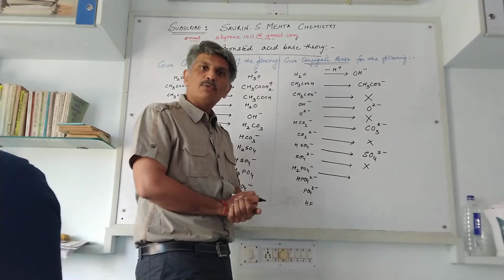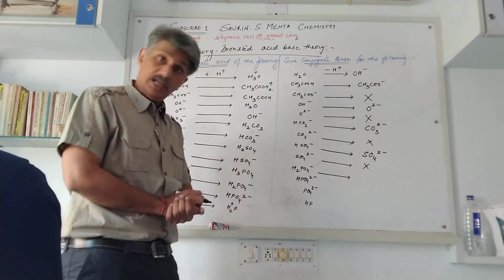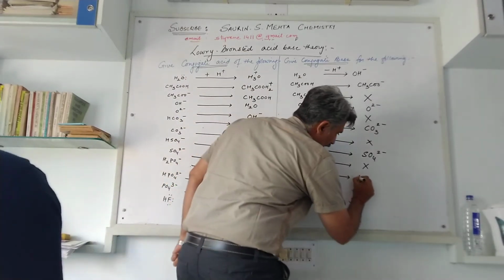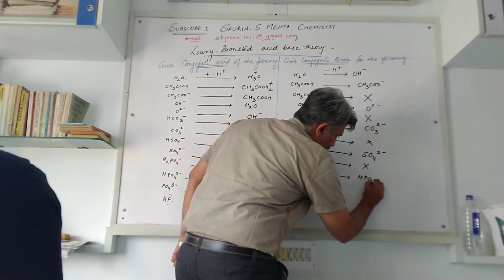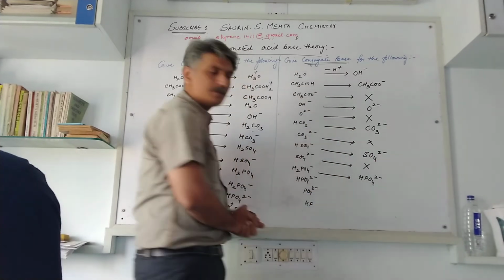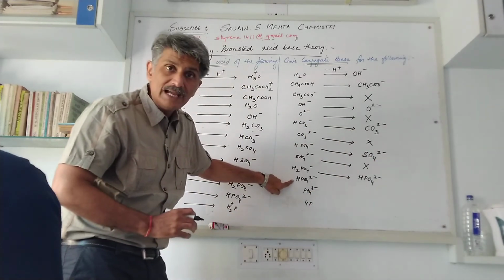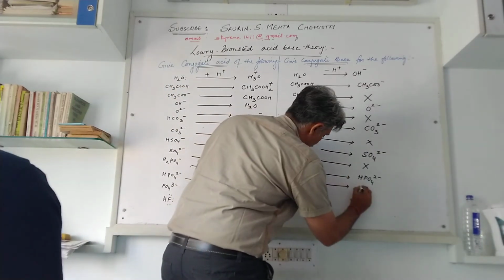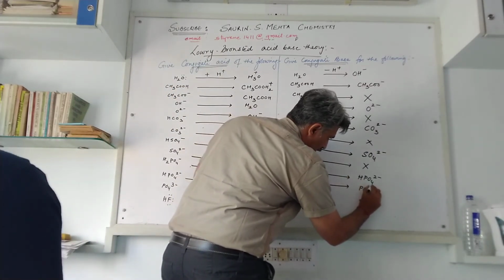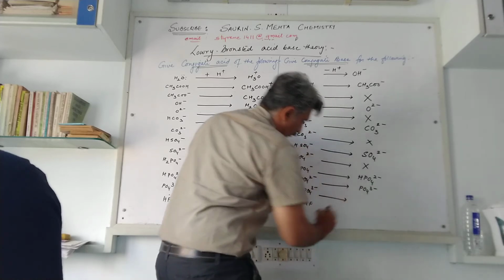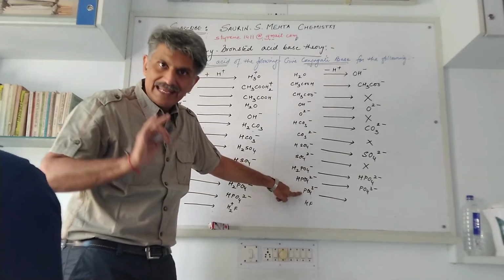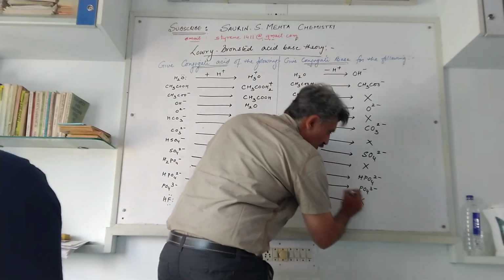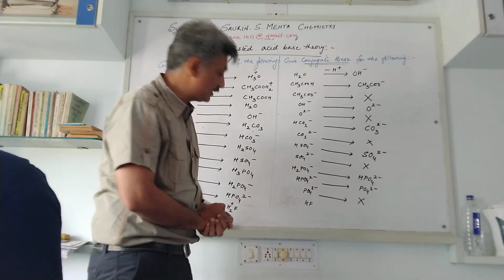For H2PO4 minus, yes, 2 H atoms are there, I can lose at least one, and that will convert into HPO4 2 minus. For HPO4 2 minus, yes, I can eliminate one more H and I will have PO4 3 minus. For PO4 3 minus, I can't have a conjugate base because there is no hydrogen atom present in the compound.